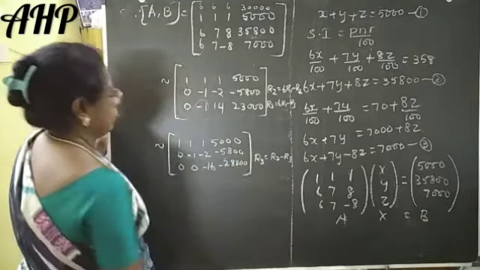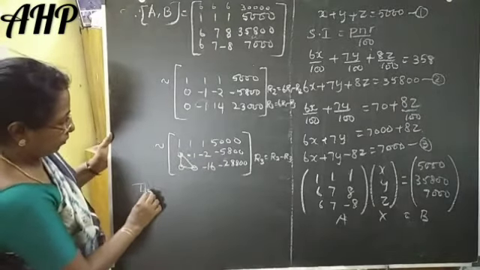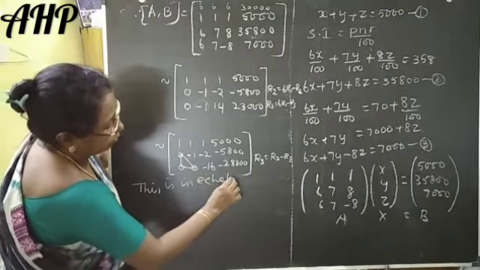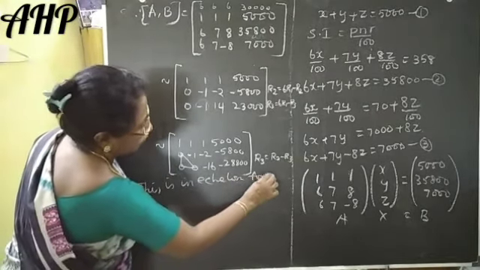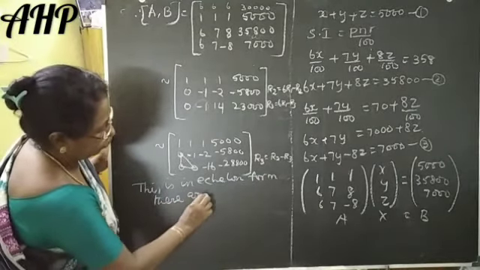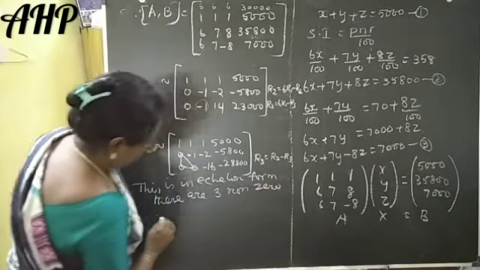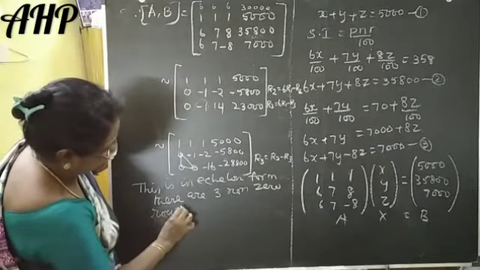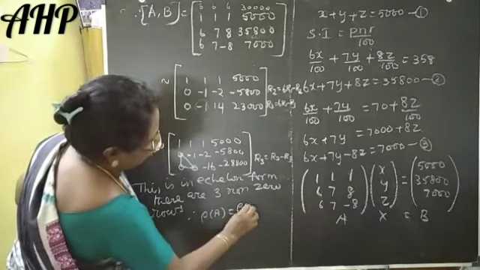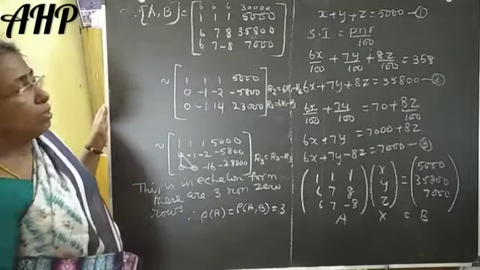So now rewriting this, this is in echelon form. There are 3 non-zero rows. Therefore, rank of A is equal to rank of AB is equal to 3. So it has a unique solution.